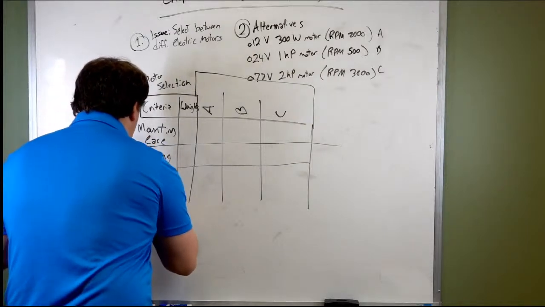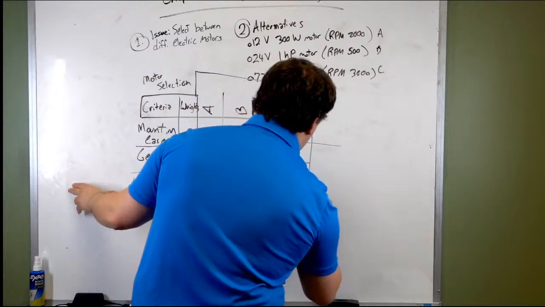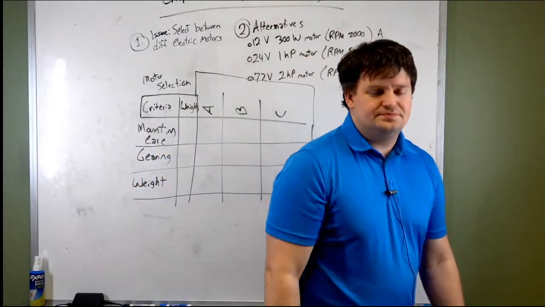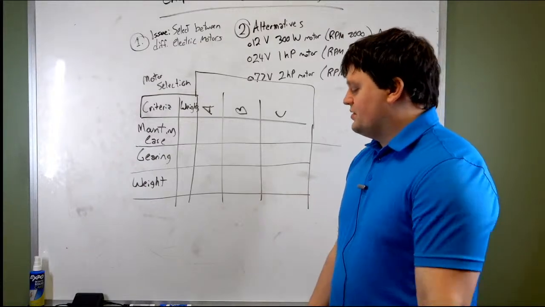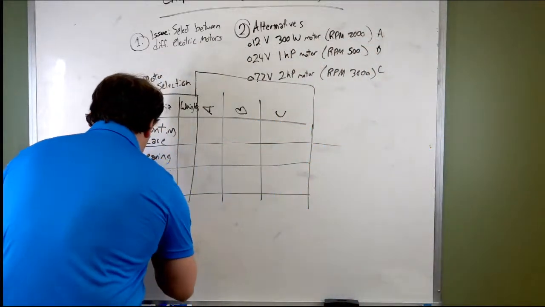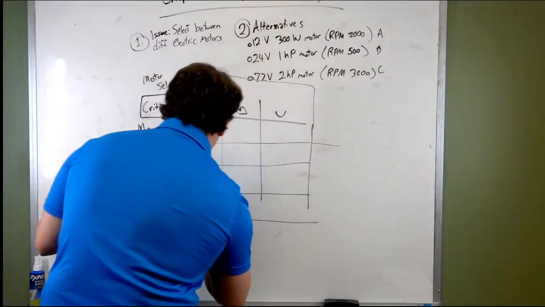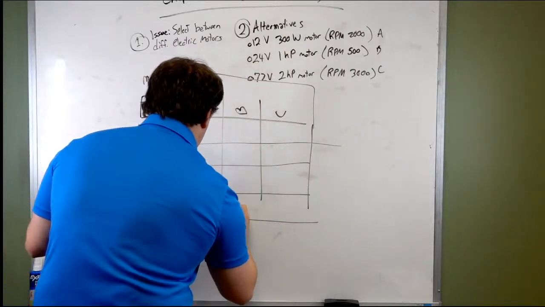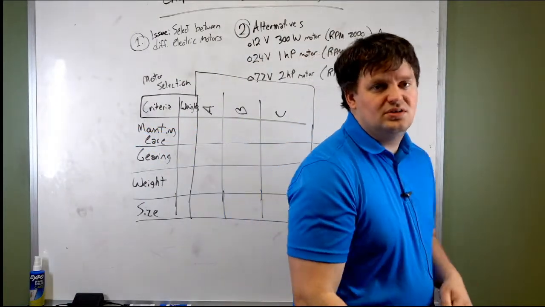Let's also say weight. Because this is going to be on a bicycle, you don't want to have a really heavy motor. Another thing that might be of issue is size. You don't want to have a giant motor, especially not on a bike. It just becomes cumbersome.